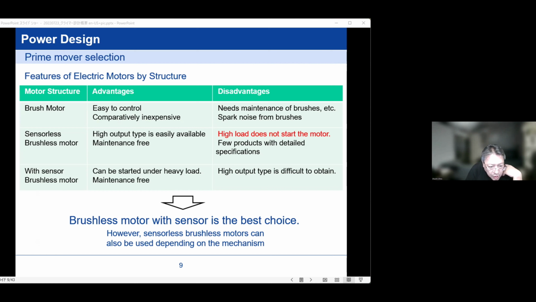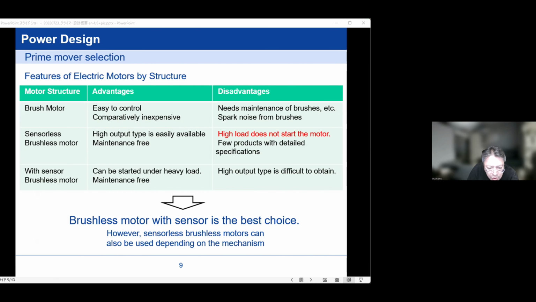Sensorless brushless motors are easy to obtain in high output types, and they are basically maintenance free. But the downside is that when you start them up, you need to rotate the motor a little. So if the motor doesn't rotate due to the load on the climber, you can often find yourself in a situation where you can't keep the motor rotating.